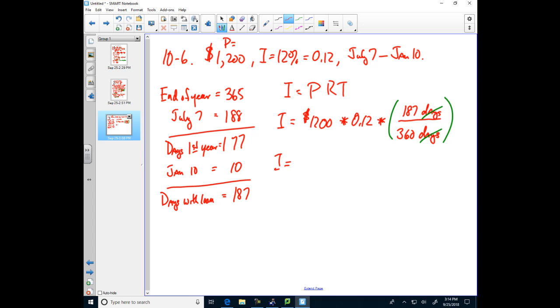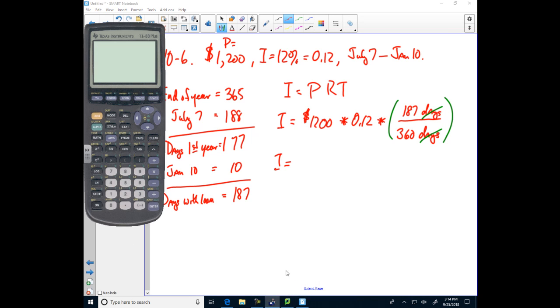So the interest equals, and since I've got a graphic calculator, I'm going to put it all in at once. $1,200 times 0.12 times the quantity, just like before, 187 divided by 360. Close that parentheses. And I got that. Let's see. Does it want maturity value?